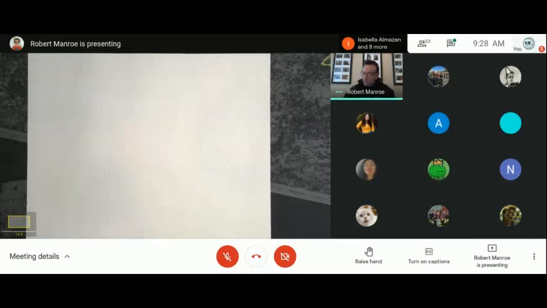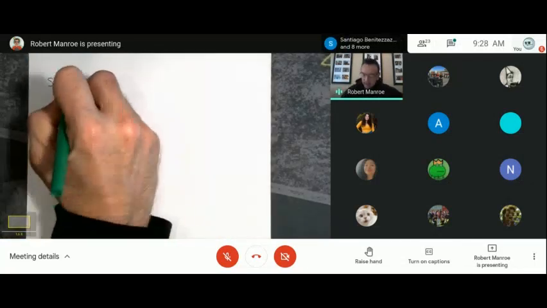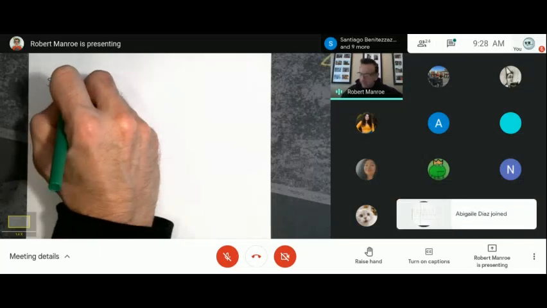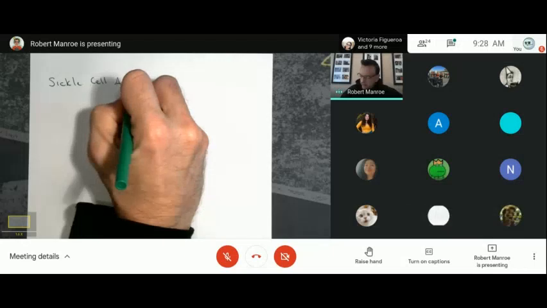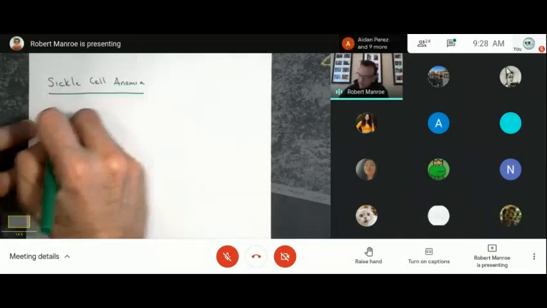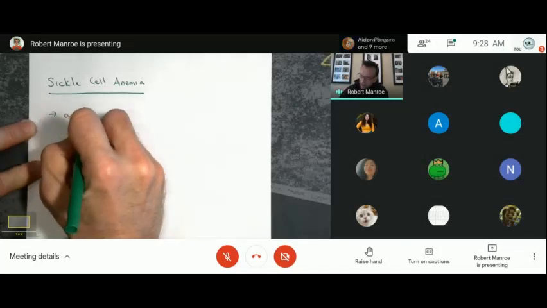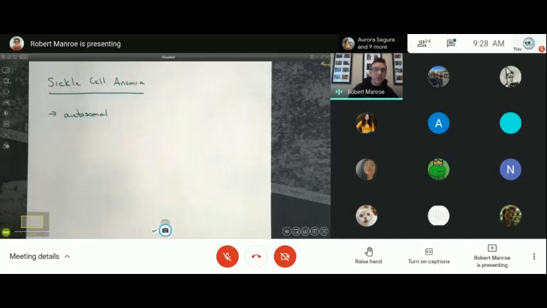So let's see. So that is sickle, KLE, yep. Sickle cell anemia. This is an autosomal, which means it's carried on one of the chromosomes 1 through 22.